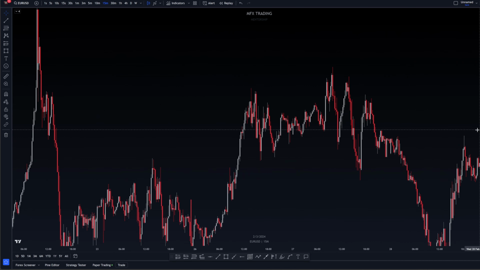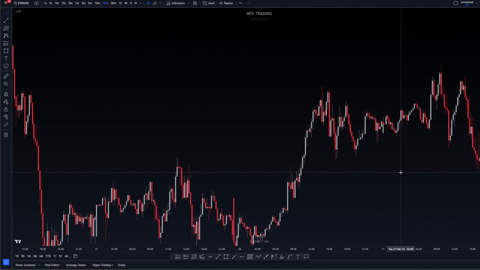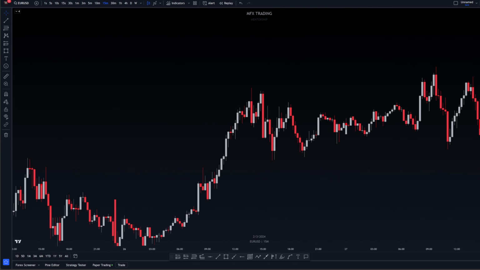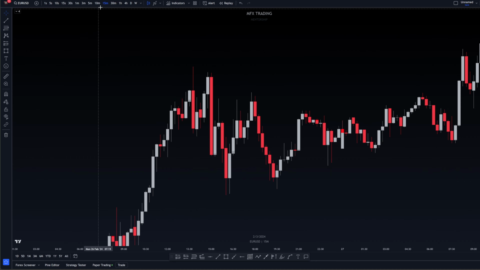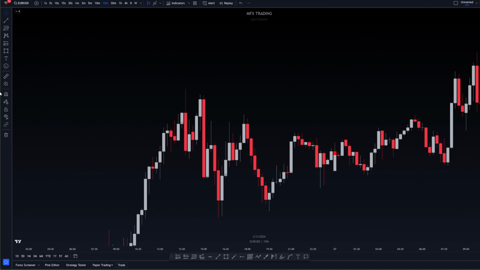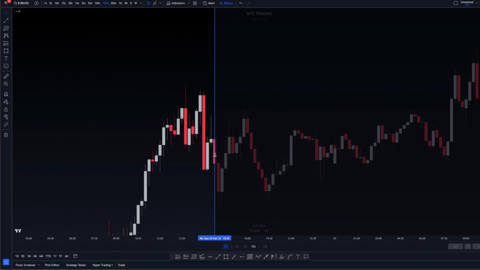And yeah, now I want to go into a real market example. For example, if you zoom into this price, we have a 50-minute time frame. So let's replay it a little bit to right here.